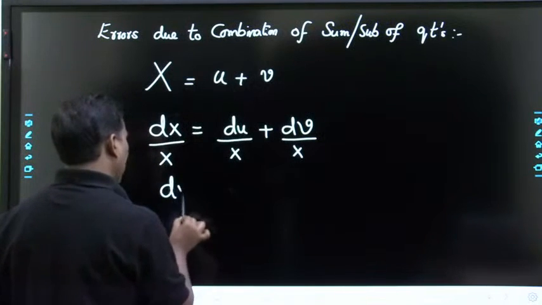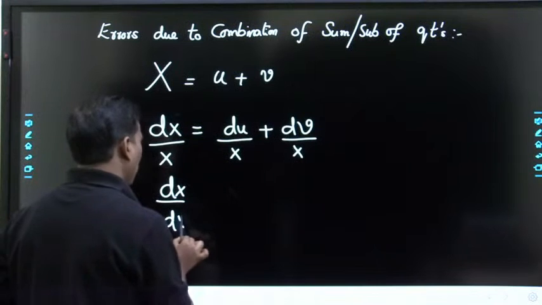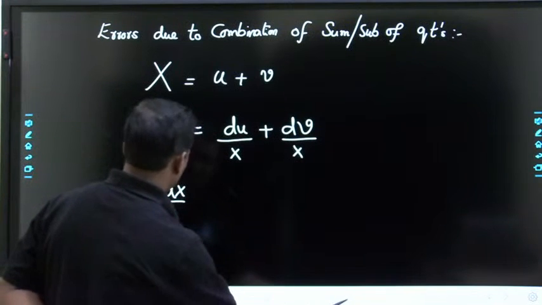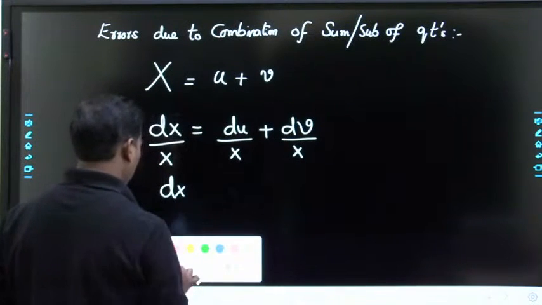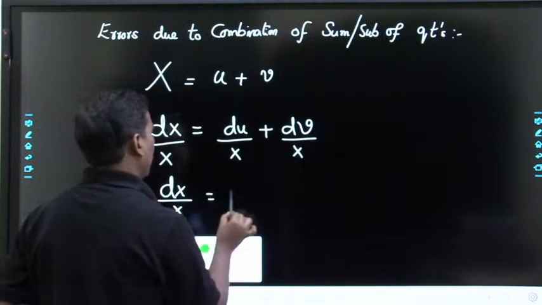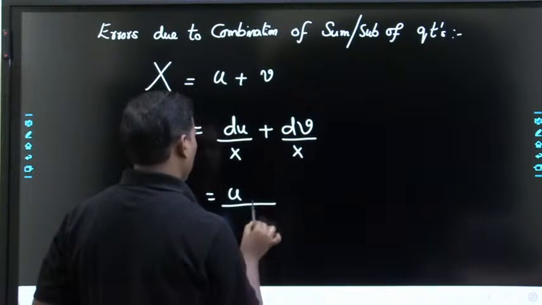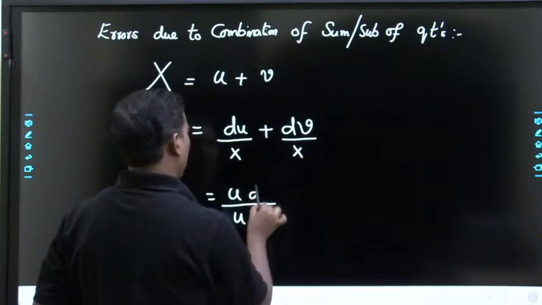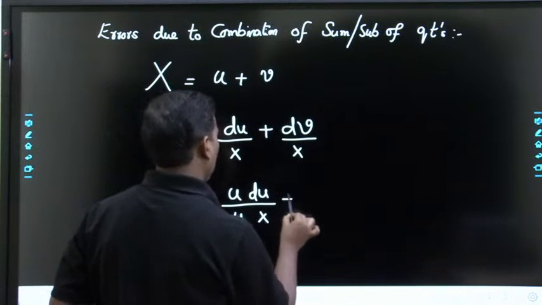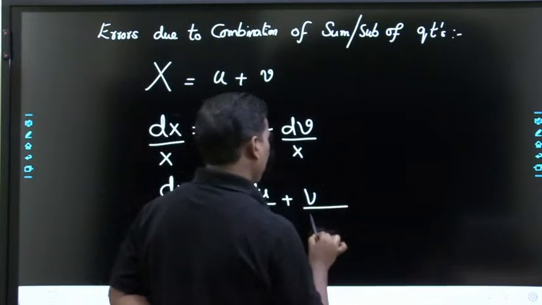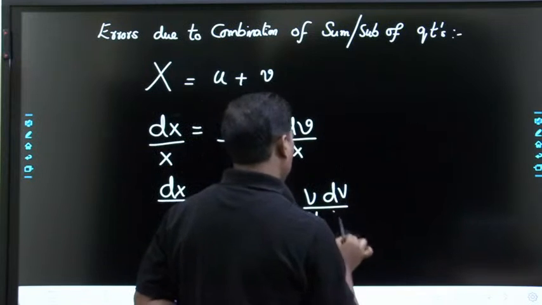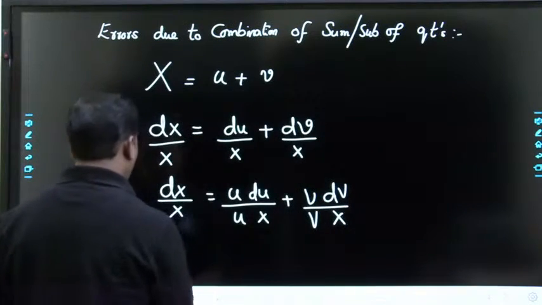Suppose I am multiplying and dividing both sides with x: u by u, du by x, and here v by v, dv by x. So what is going to happen here?